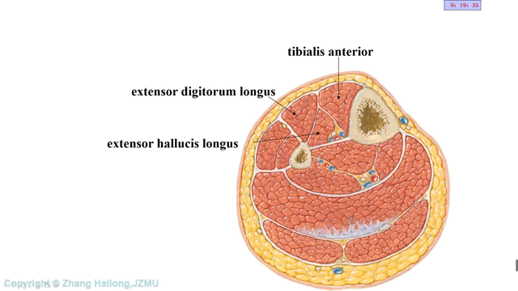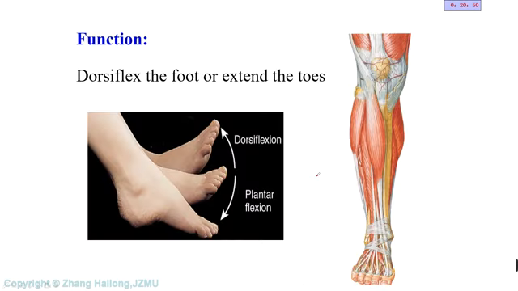And now let's see a transverse section. Here you can see the tibia, and here the fibula. In front of the tibia is tibialis anterior, and under it are extensor digitorum longus and extensor hallucis longus. And the function is to make your ankle move upwards.